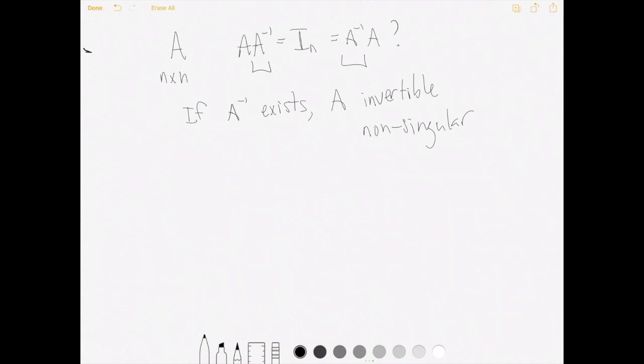If no such A inverse exists, A is singular. The problem of actually finding the inverse is a very hard problem, particularly for a high dimensional A.